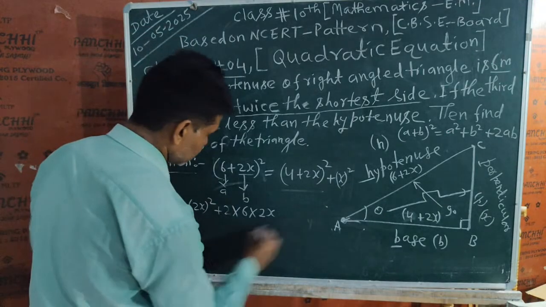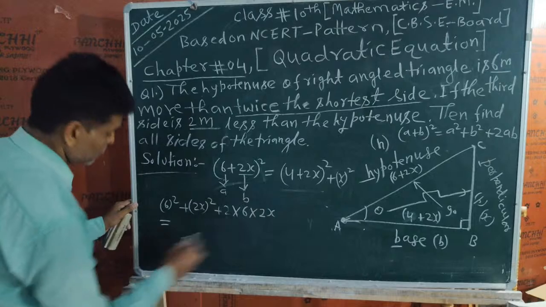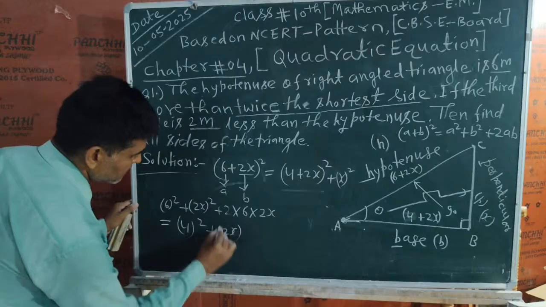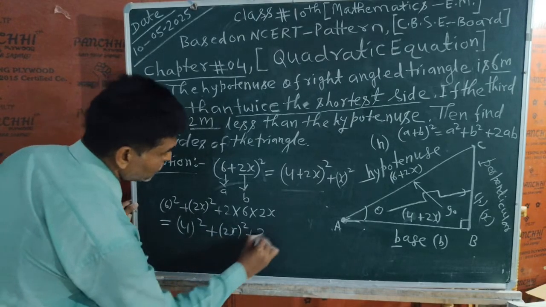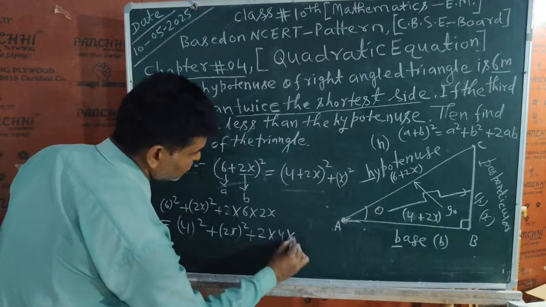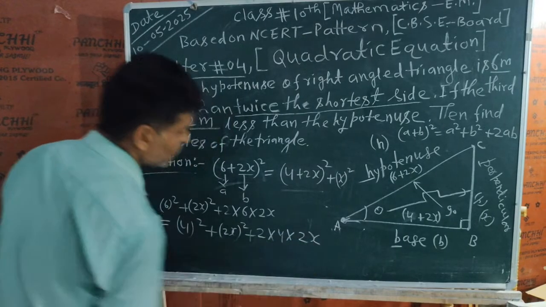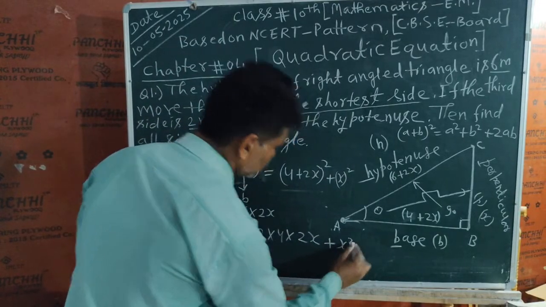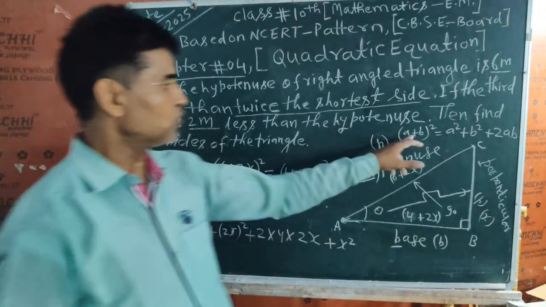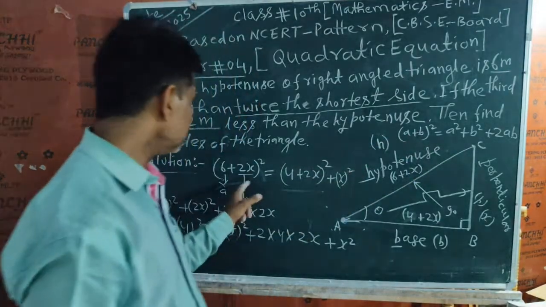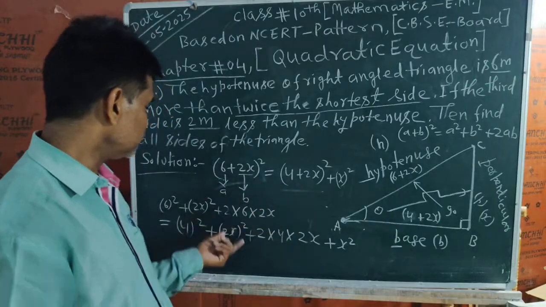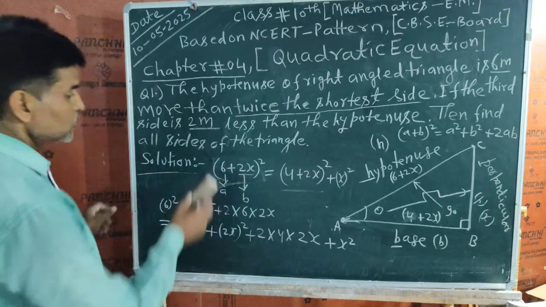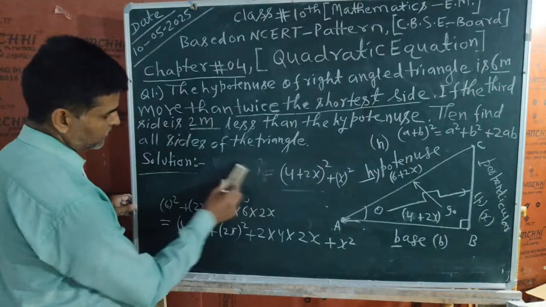Further I will also expand this value: a square plus b square plus 2ab, where a is 4 and b is 2x, and again here x square is available, so I will put x square. This identity I have used in both terms, and I have simplified. Further I will simplify its value. Okay students, I am going to erase the above data for further calculation.